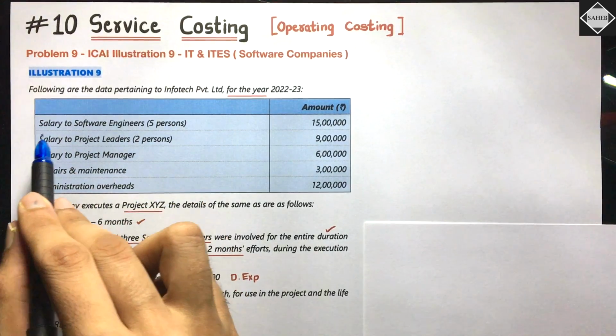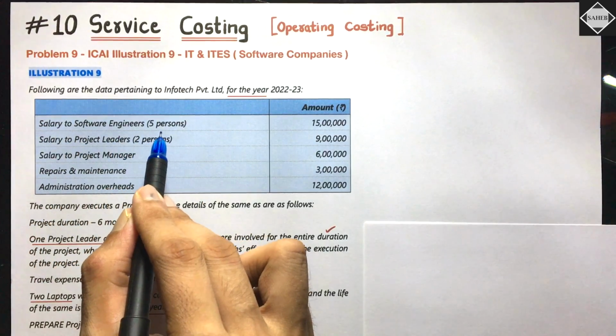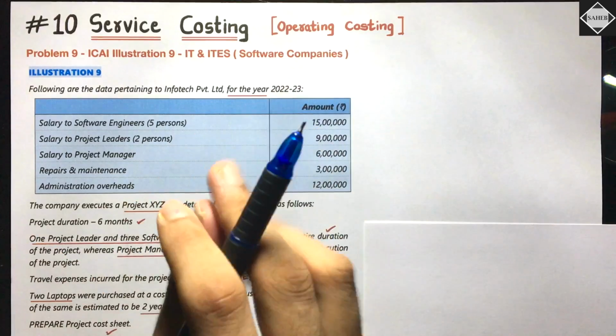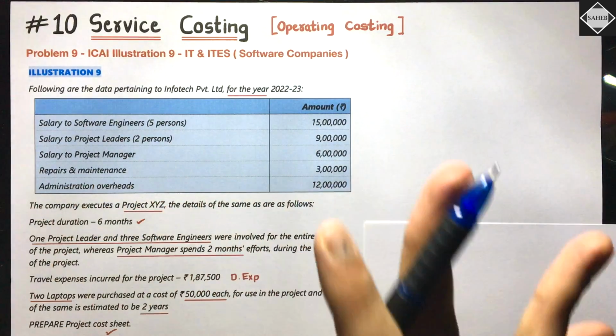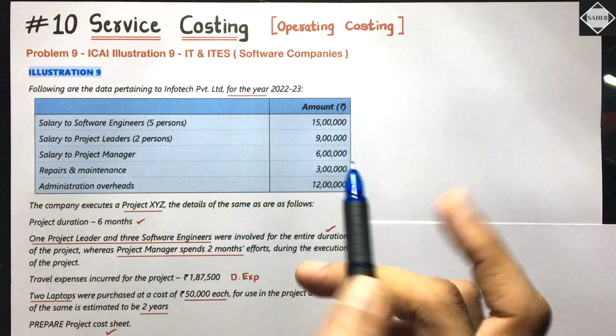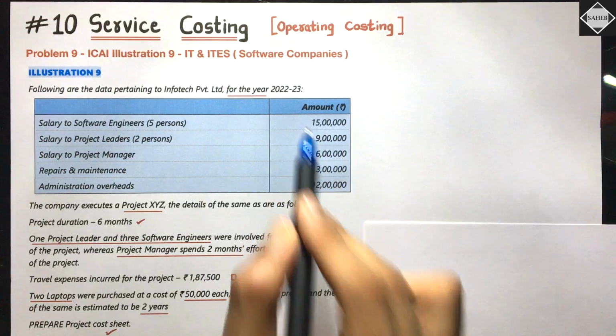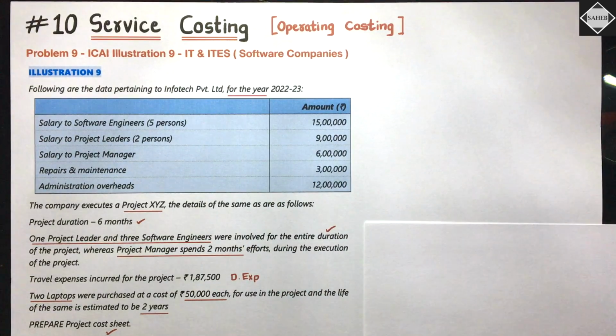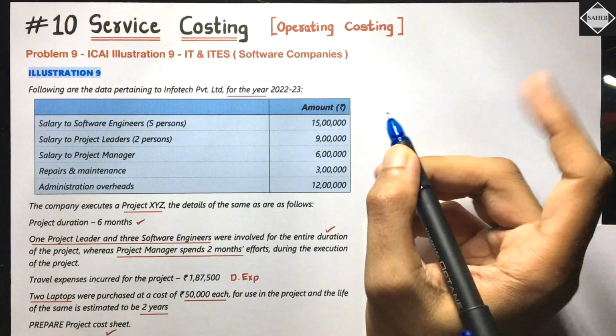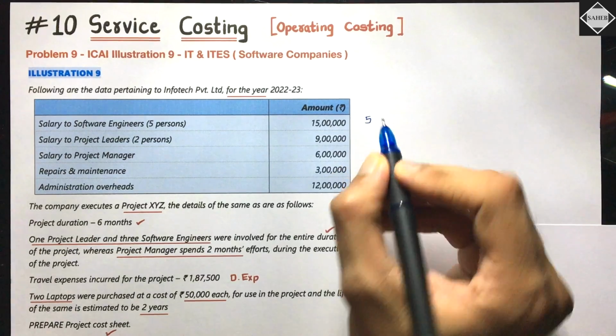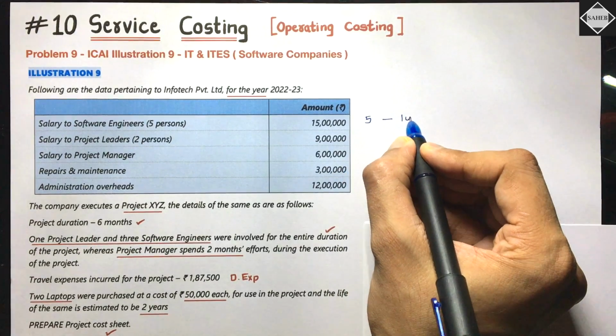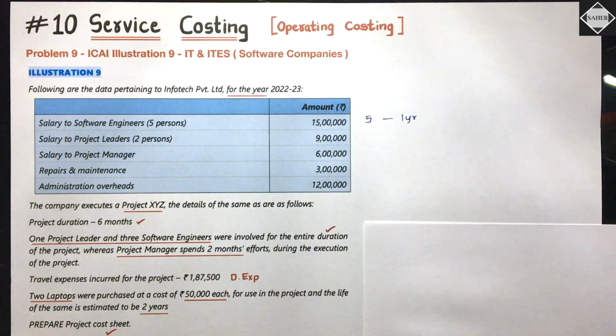See here, salary to software engineers. In our company 5 software engineers are there. The total salary for the year for all the software engineers is how much? 15 lakhs. You have to understand this is the salary of 5 software engineers for 1 year. Then salary to project leaders, 2 project leaders are there.